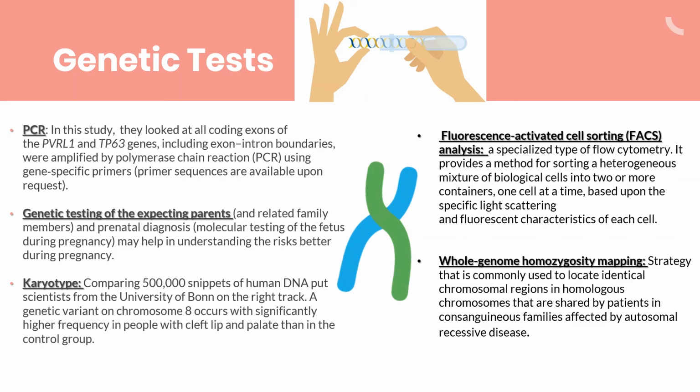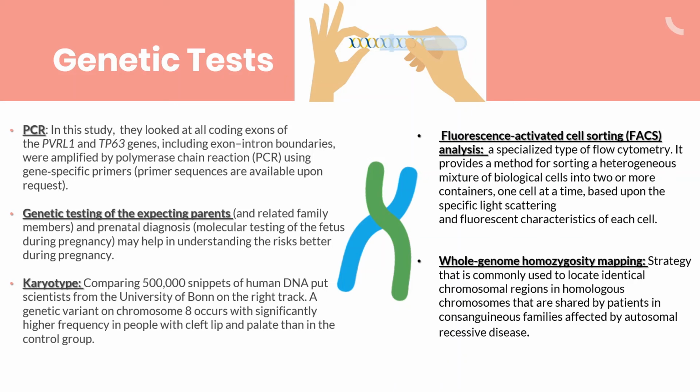You can also use a karyotype, so you can compare 500,000 snippets of human DNA that scientists from the University of Bonn put together, and what they ended up finding was a genetic variant on chromosome 8 that occurs with significantly higher frequency in people with cleft lip and palate than in a control group, so you can get tested against those karyotypes.